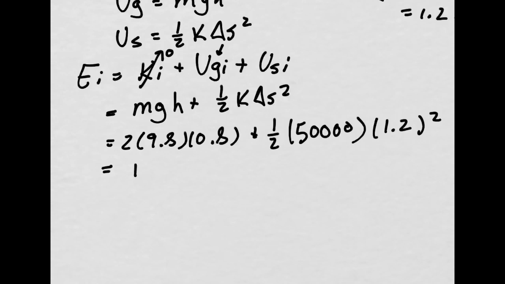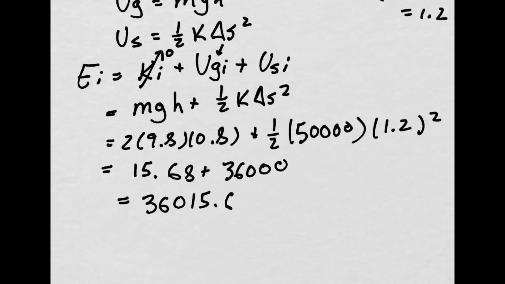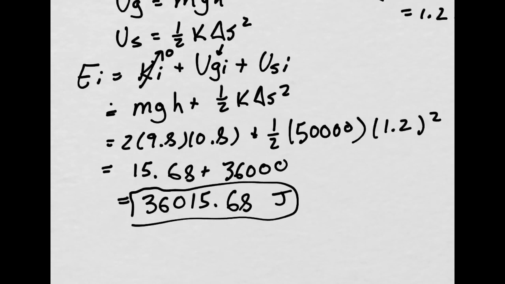This is 15.68 plus a very, very large number, 50,000 times 0.5 times 1.2 times 1.2. 36,000.68 joules. So our energy is very high, and it's almost all in the spring, which makes sense because our spring has a very high spring constant.